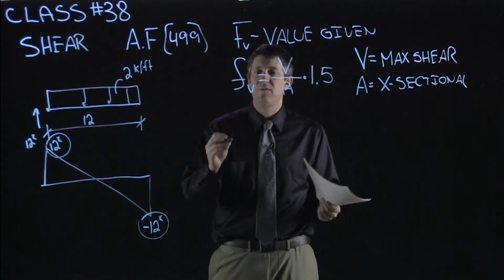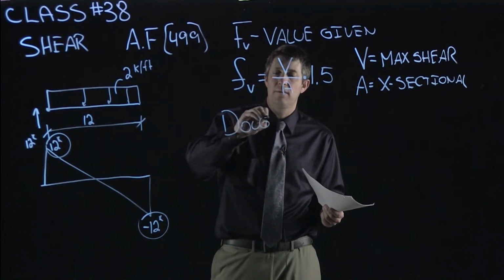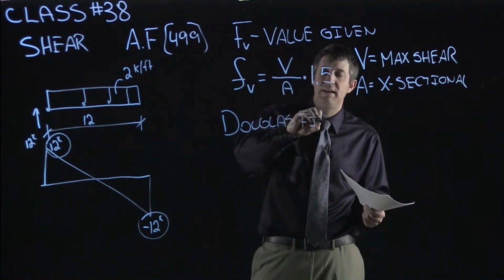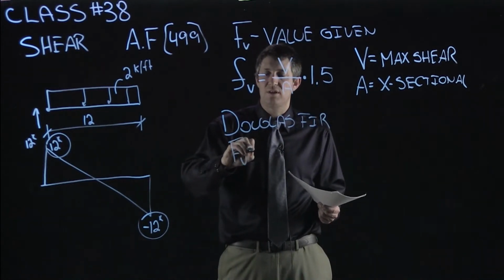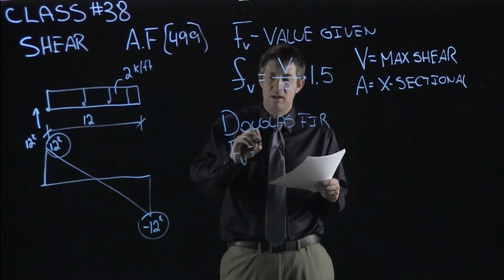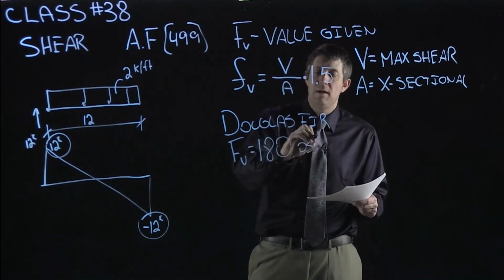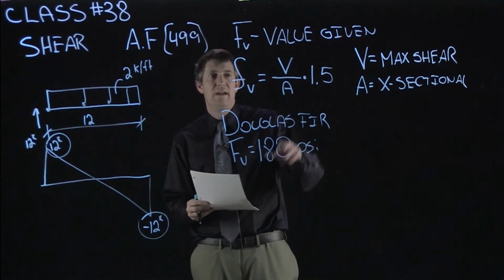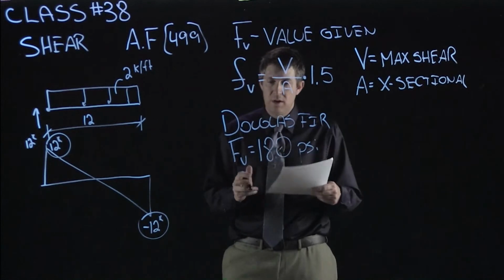So if I gave you a beam, a piece of wood, and it was Douglas fir, we would go in the appendix, and we would see that the shear stress that it can resist is 180 psi. But then we would also need to look at what shear is actually being applied to the beam. That's where that V value right there comes from.